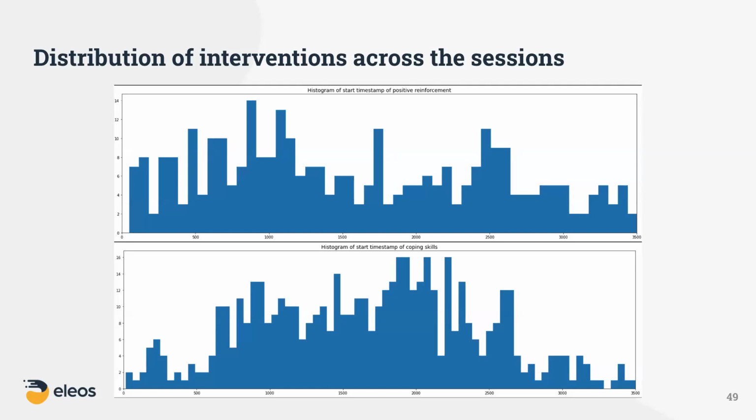And my not professional interpretation of that is that maybe in the beginning of the session, the patient talks about the nice things that happened to them in the last few weeks or days. And as the session goes on, starts talking about things that the patient needs coping with. So the therapist will apply some coping skills interventions. But that's just my opinion.